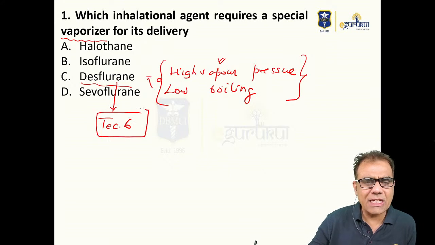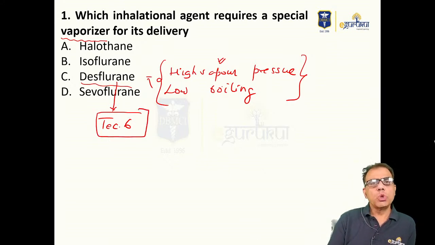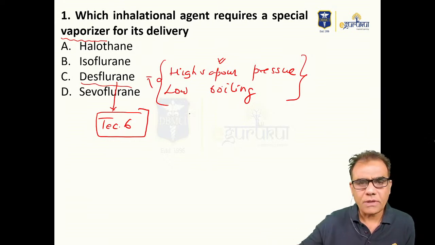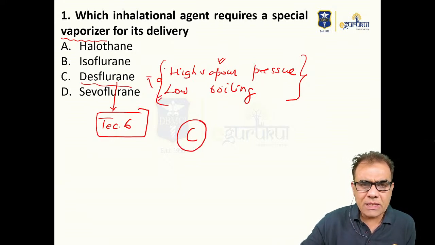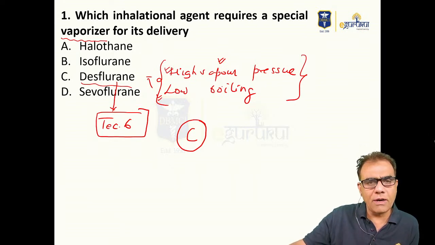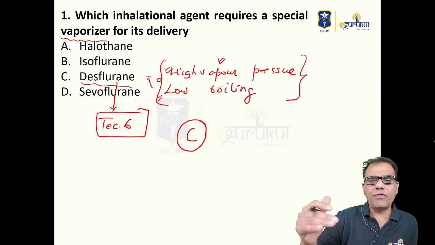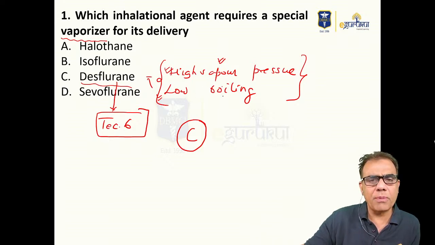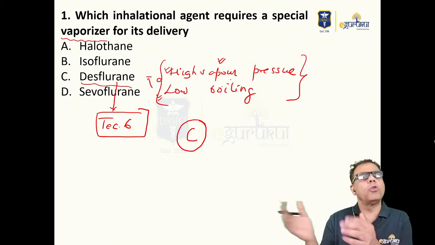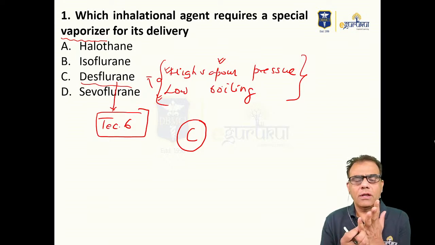So Tech 6 is a special vaporizer which is used for the delivery of desflurane. Fine. So answer is C. So low boiling point and high vapor pressure make it not possible to deliver desflurane through an ordinary vaporizer. Now there are many other features which compensate for this high vapor pressure and low boiling point, but of course that much detail is not required for you.